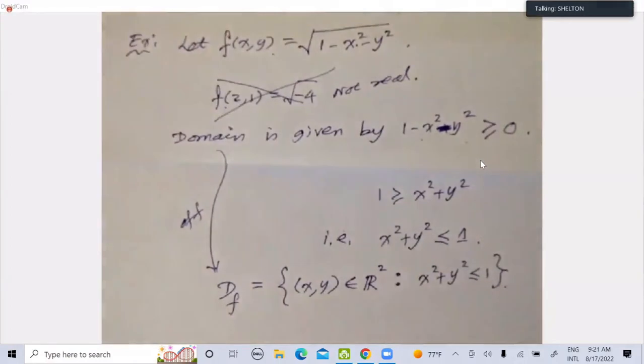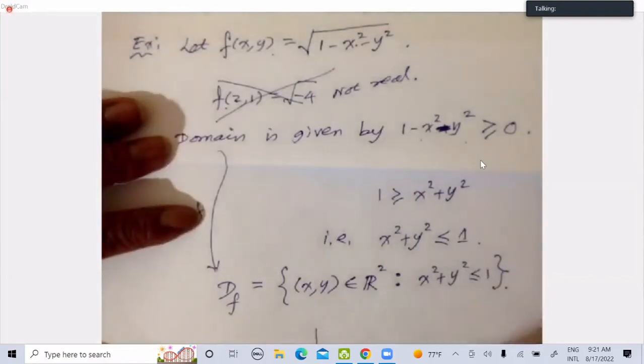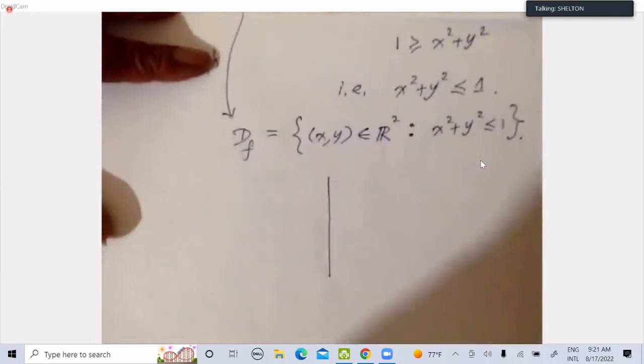We know the square root of x squared plus y squared is the distance from the origin in the xy plane. Let us plot this. You learned circles.